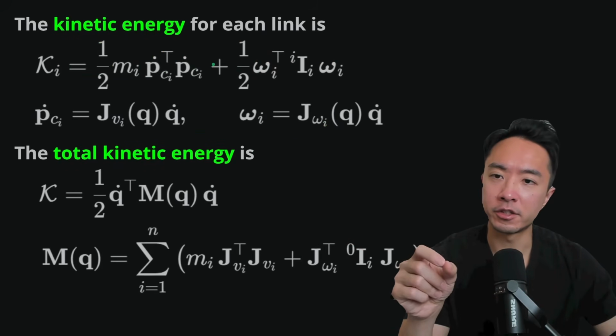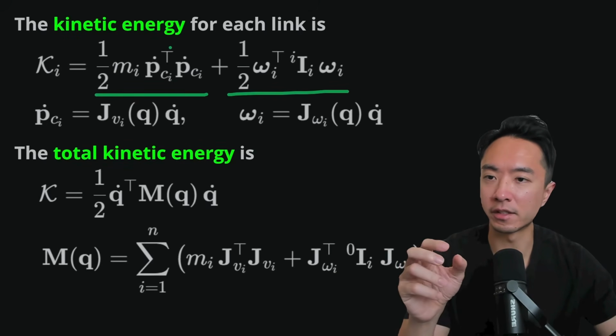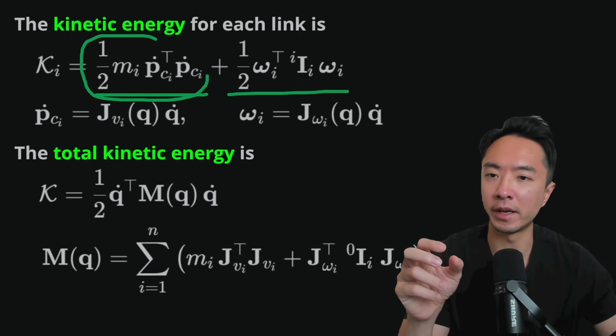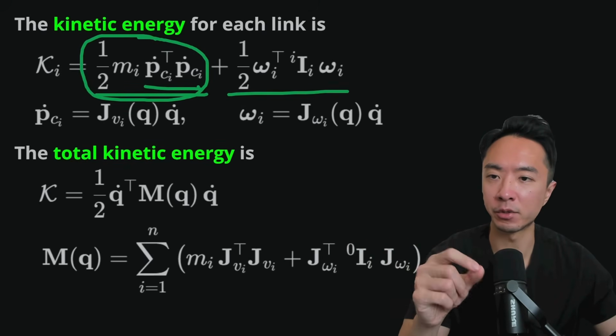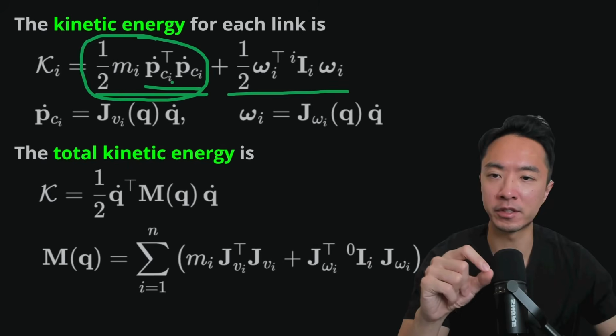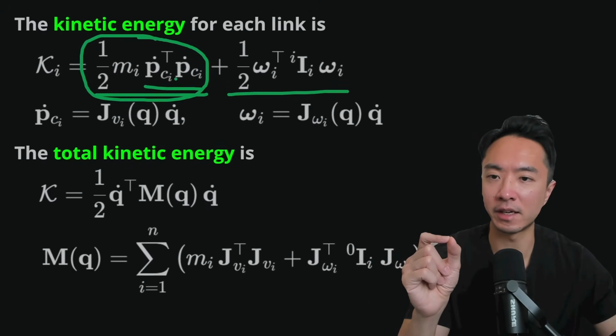For the kinetic energy, we break it down into the linear part and rotational part. This is very similar to the form of 1/2 mv squared, but in matrix form we have P dot transpose P dot. These P's are the position vectors to the center of mass, so this is why there's a Ci here.